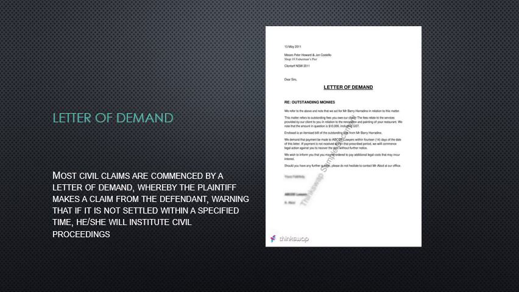On this date that money should be given to me, and if you fail to do that, expect summons and see you in court. And obviously you give them the bank details and so forth. So this is what a letter of demand is saying. It puts the defendant or the other party in mora, or in default.